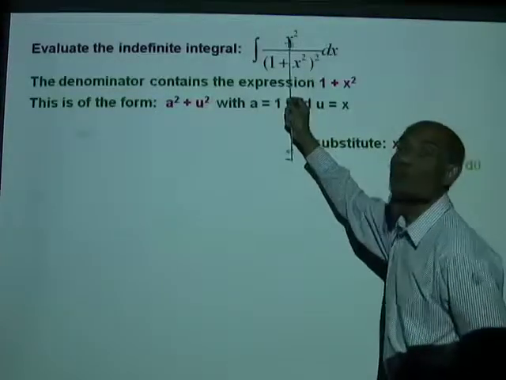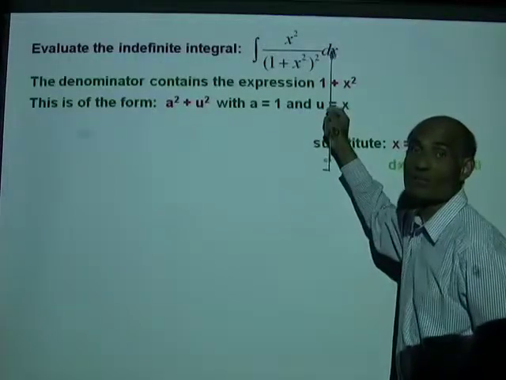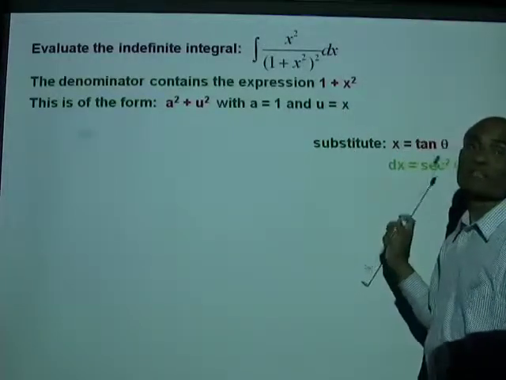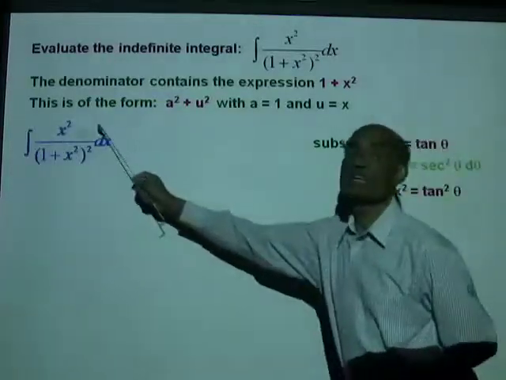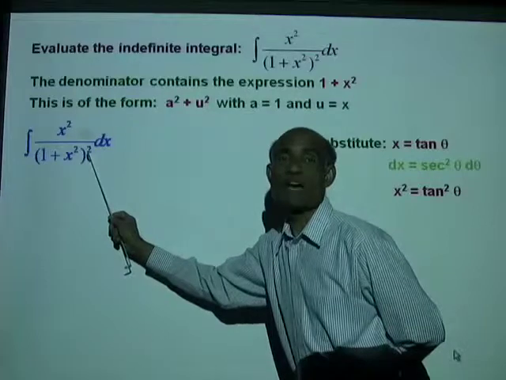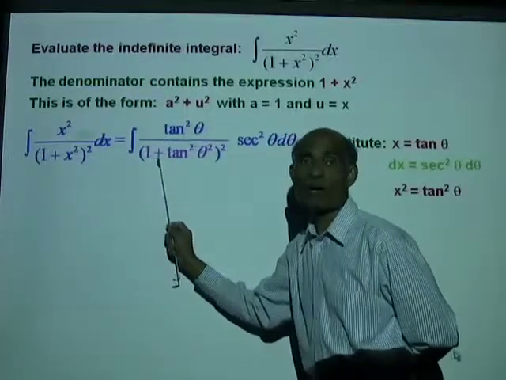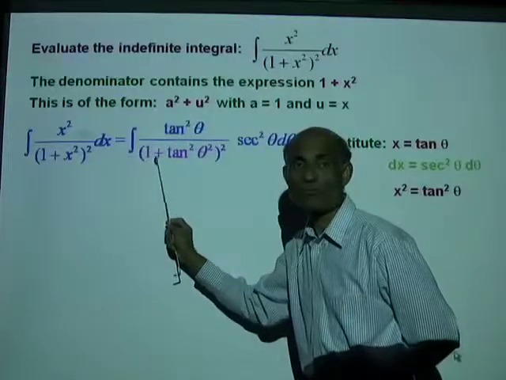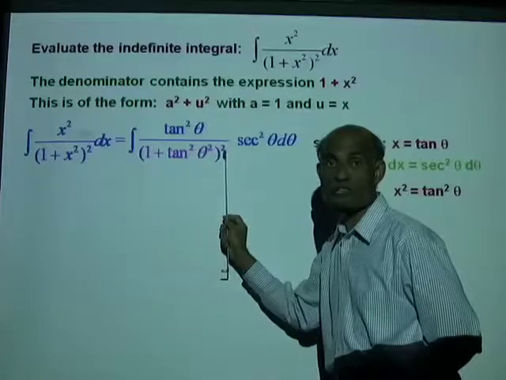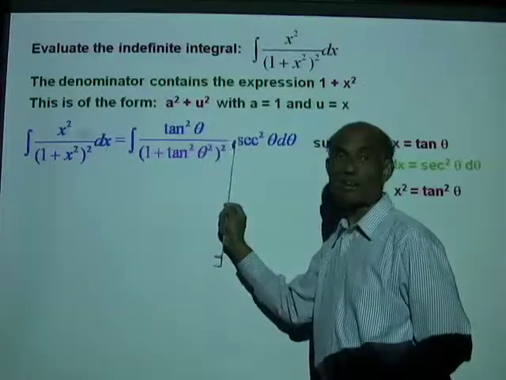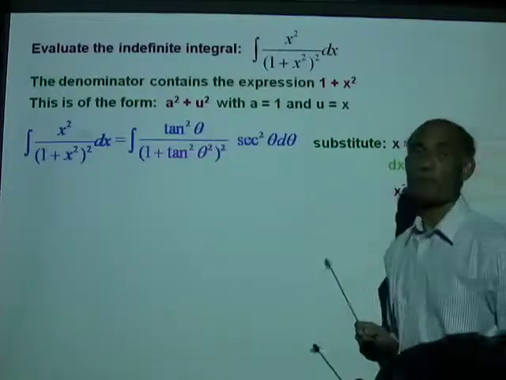So in here, we will replace these two x squares by tan squared theta, replace the dx by secant squared theta, and that gives us the integral is now x squared becomes tan squared theta, 1 plus x squared becomes 1 plus tan squared theta, and that quantity is raised to the power of 2, and dx is secant squared theta d theta.